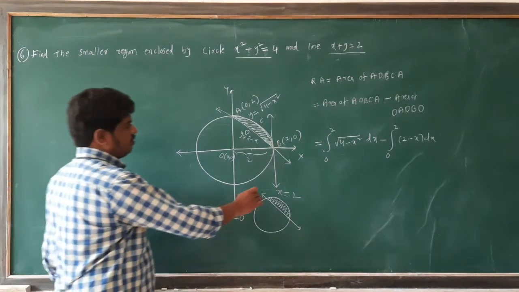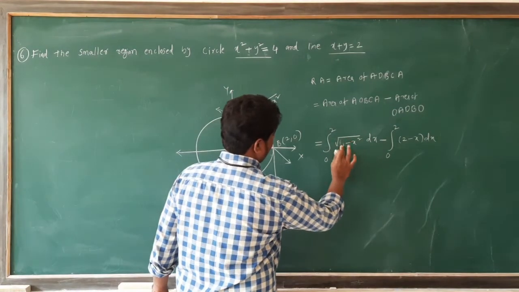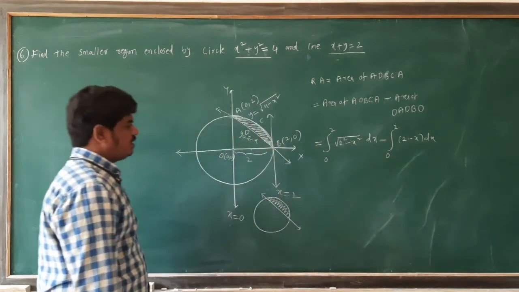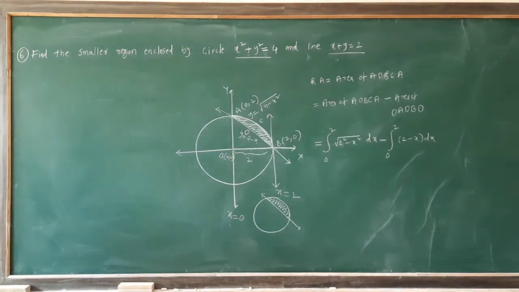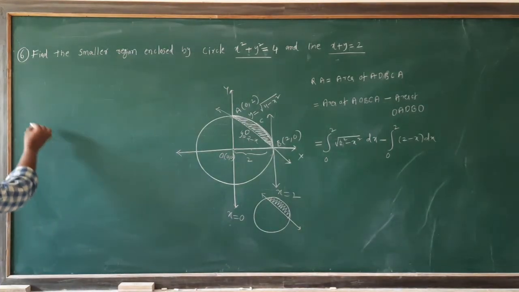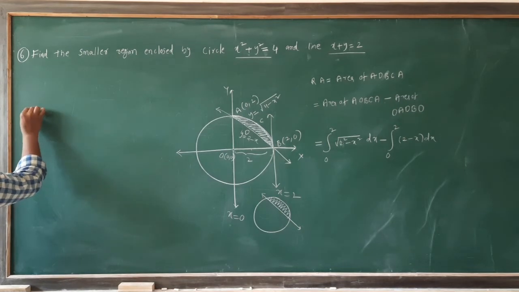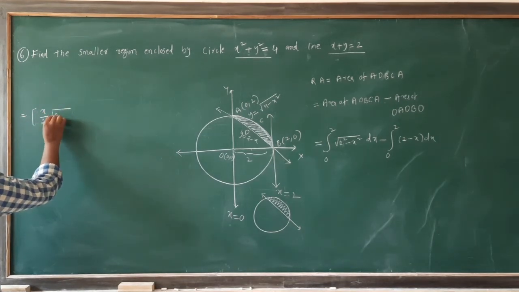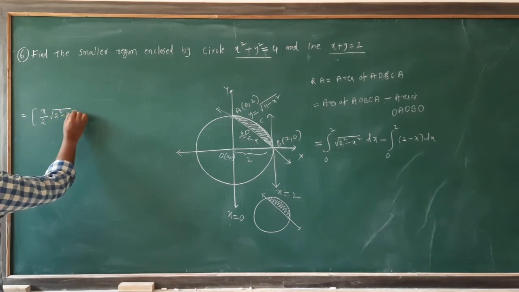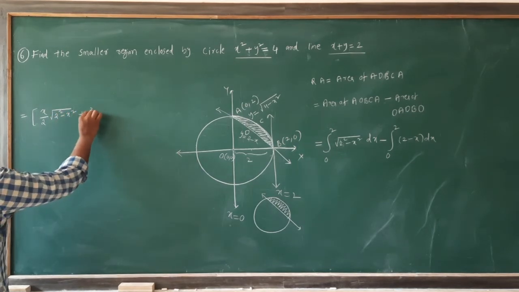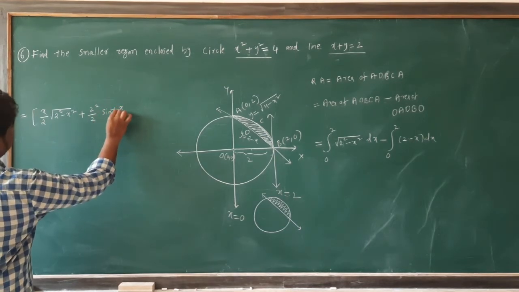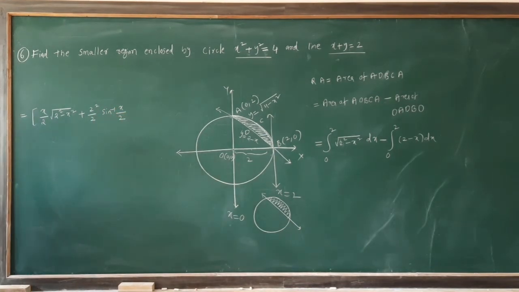First one, what do we have? Integral of root over 2 square minus x square is just like the integral of root over a square minus x square dx. So what is the formula? x by 2 into root over a square minus x square plus a square by 2 into sin inverse x by a. a means what? 2.